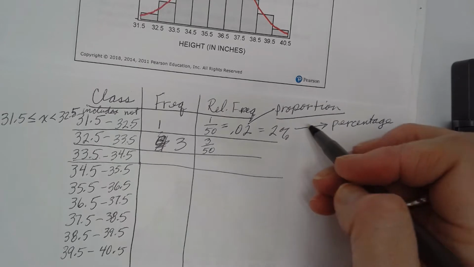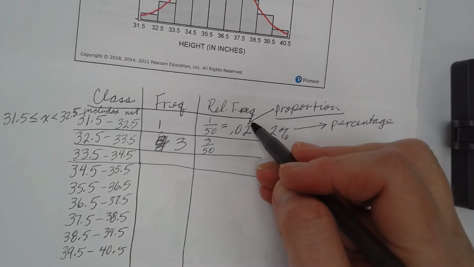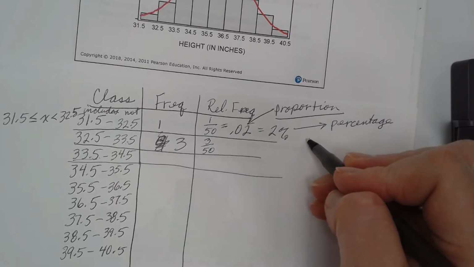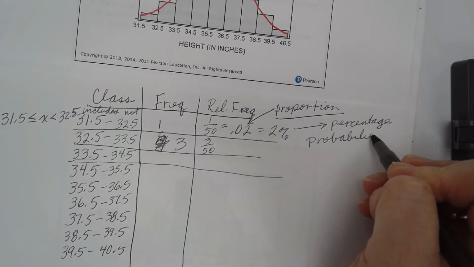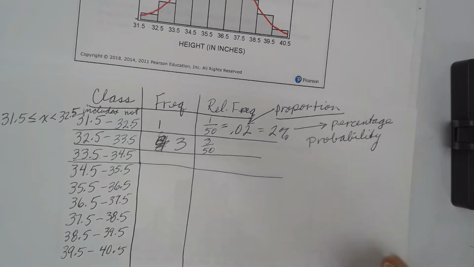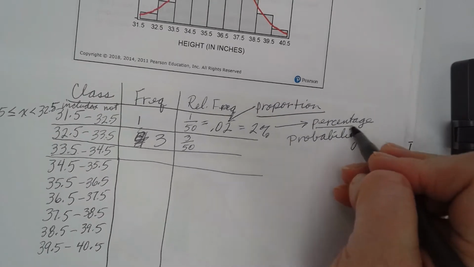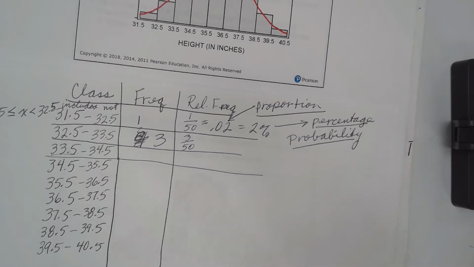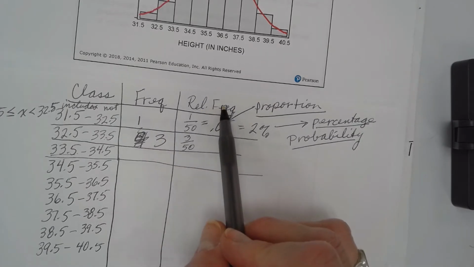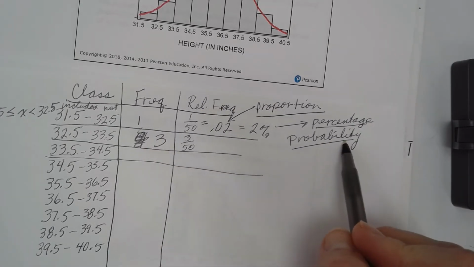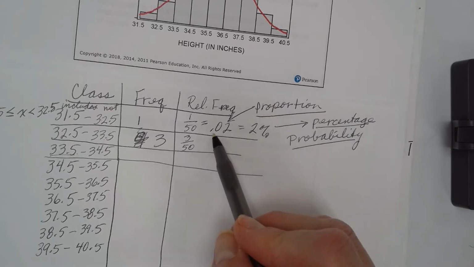And there's one more P that represents. What does that decimal represent? The probability. Okay? So 3 P's: probability, percentage, and proportion. So when I find the relative frequency, I'm finding the probability, 0.02.